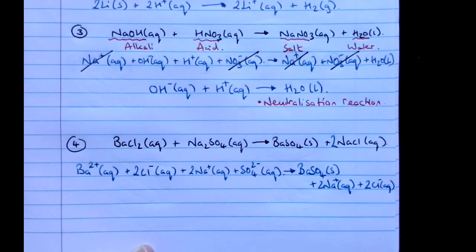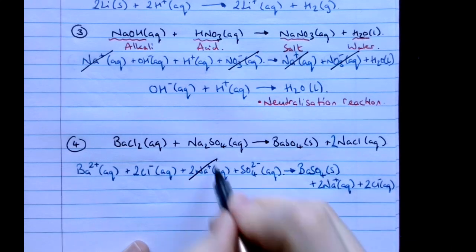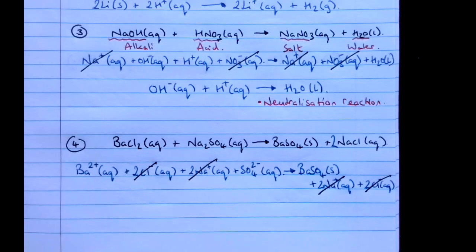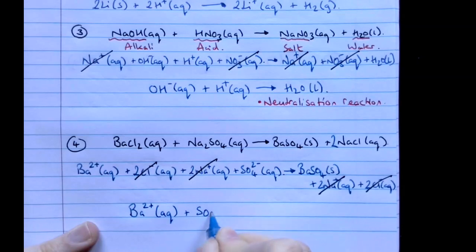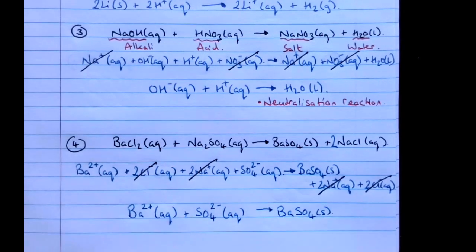Okay, and now we can go through and see what are our spectator ions. We've got our sodiums, and we've got our chlorines, and then we can write out our Ba2+ plus SO42- will give us BaSO4 solid.